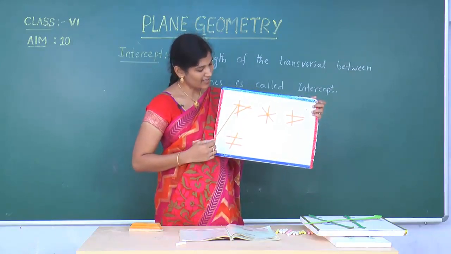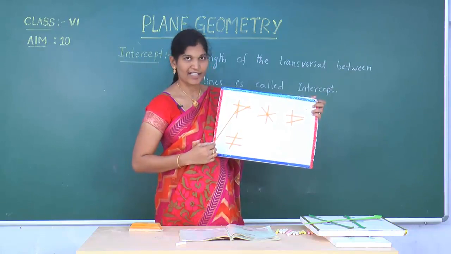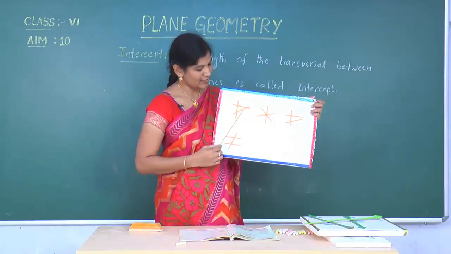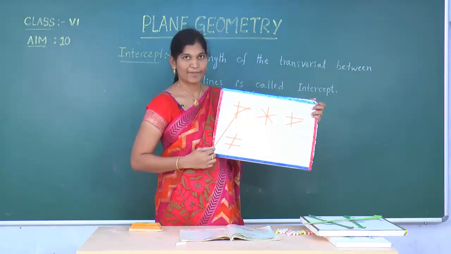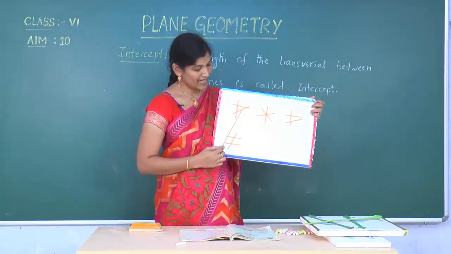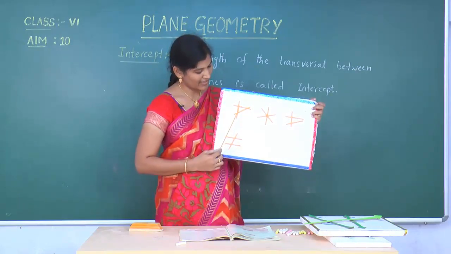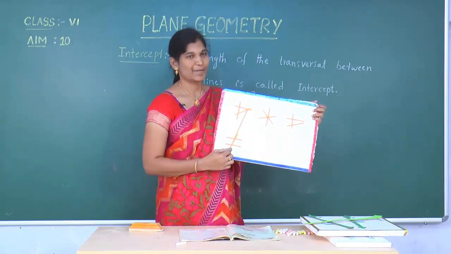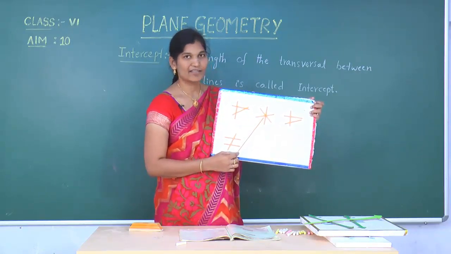Take this one. This is the transversal of these two lines, because this line intersects these two lines at two different points. Similarly, if you take this line, it intersects the other two lines at two different points.